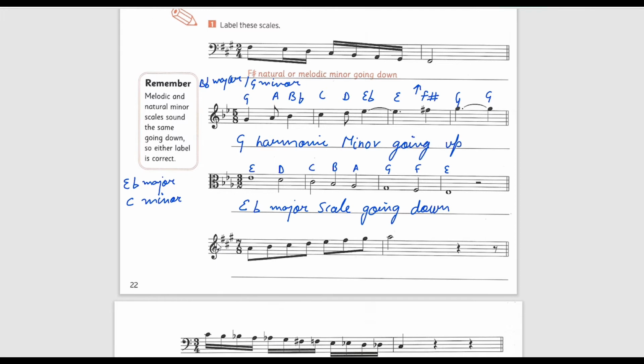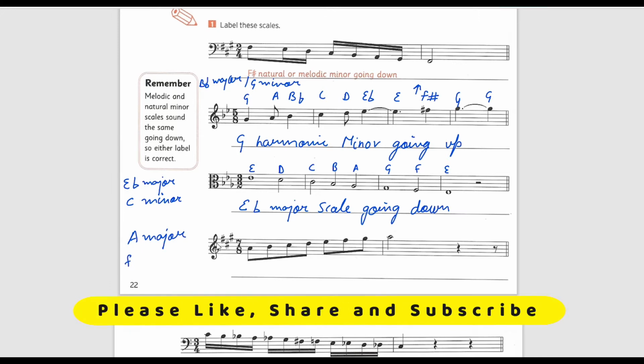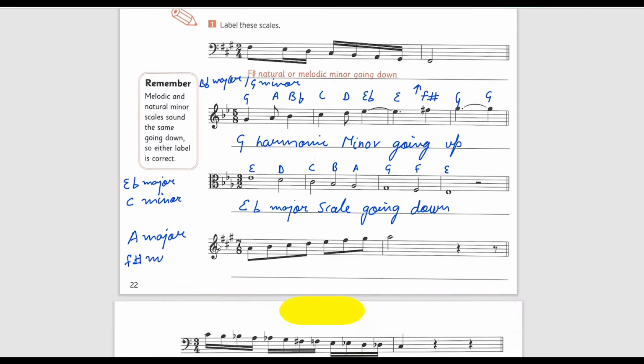Okay, now the next one. There are three sharps as a key signature. Three sharps means it could be either A major or F sharp minor. Let's check the first clue. It starts on A and finishes on A here.